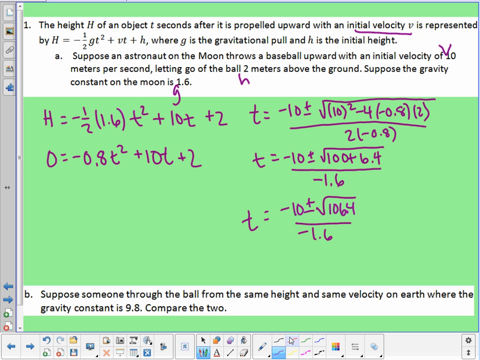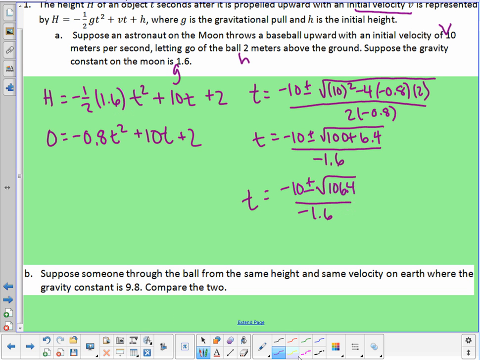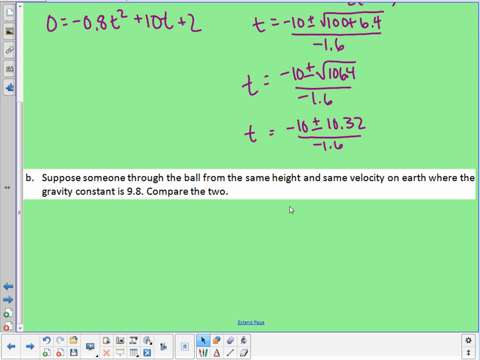Okay, let's plug that into the radical. Taking the square root of 106.4, I get about 10.32. So I've got t is equal to negative 10 plus or minus 10.32, if I round that, over negative 1.6. Now this is where it splits, and we've got two possible answers.